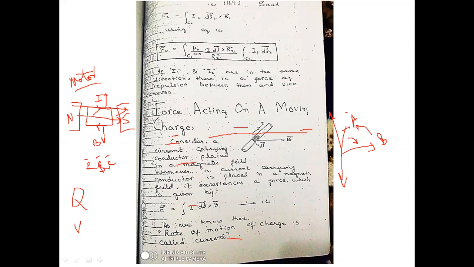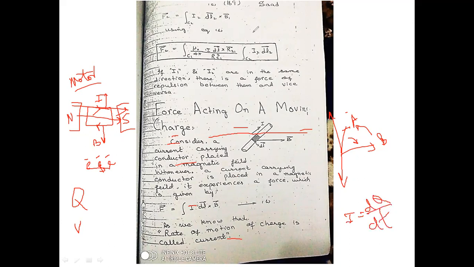Okay, so consider a current carrying conductor placed in a magnetic field, just like this. Whenever a current carrying conductor is placed in a magnetic field, it experiences a force, as we have discussed in the previous topic. This force is given by F equal to I dl cross B. This is equation number 1. As we know, the rate of change of charge is called the current, meaning I is equal to dq over dt.